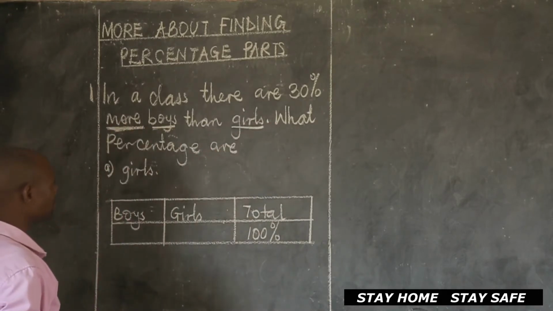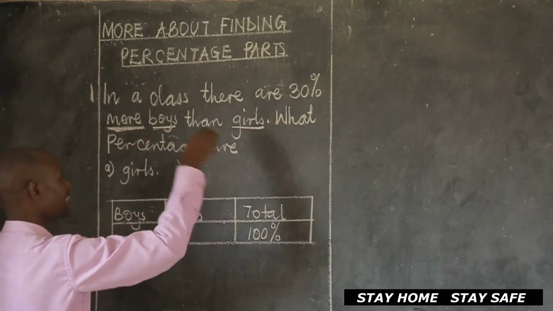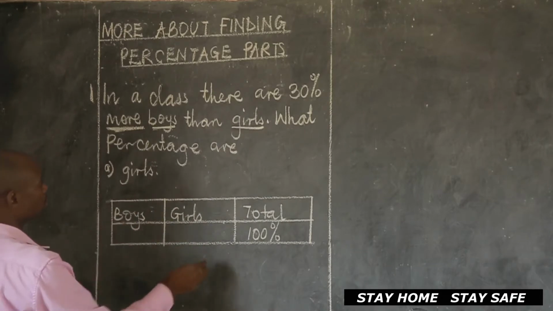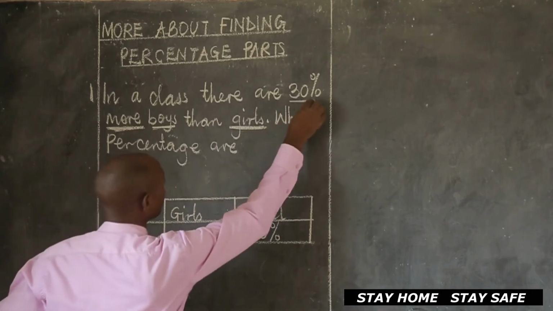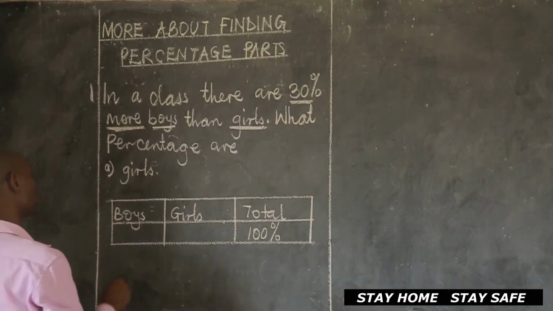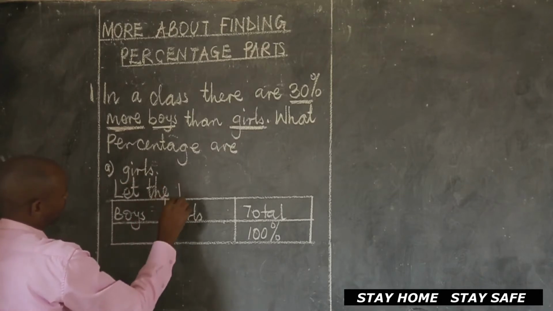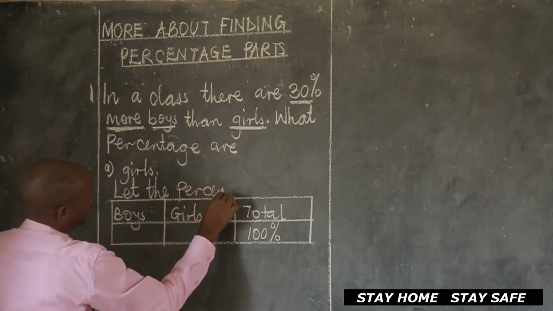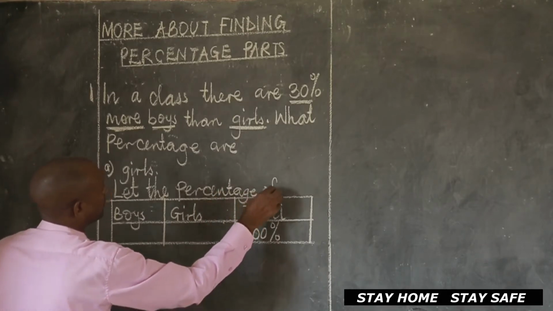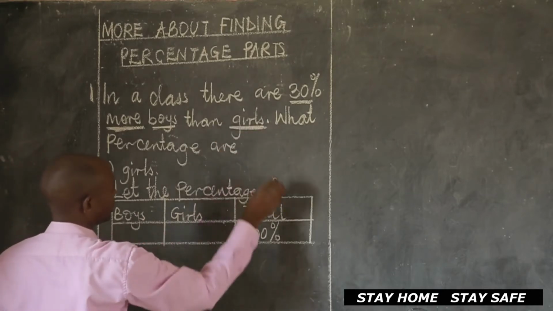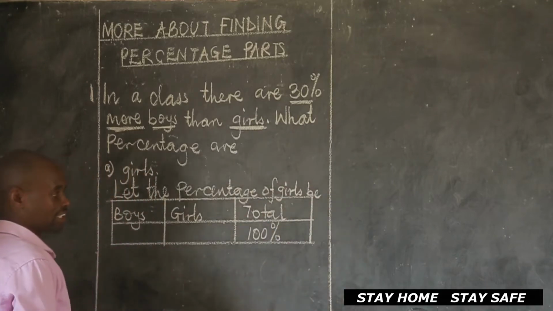What does that mean? That boys are 30% more. Of the two, we don't know the percentage of girls. For boys, at least we know part of it, which is 30%. So we are going to say, let the percentage of girls, which is not known, be any letter of your choice.